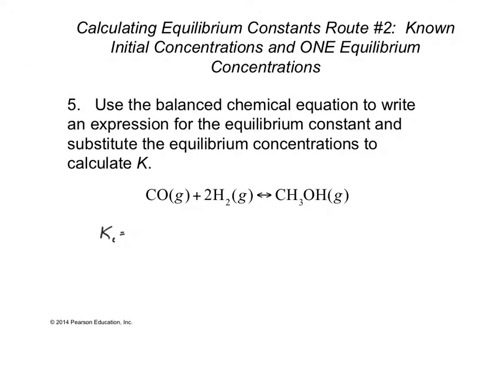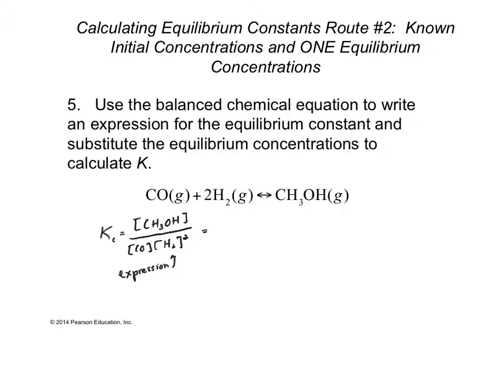So Kc is equal to the concentration of CH3OH over the concentration of CO times H2 squared. So again, this is the equilibrium constant expression. Anytime I'm asking for an expression, this is what I want to see essentially.